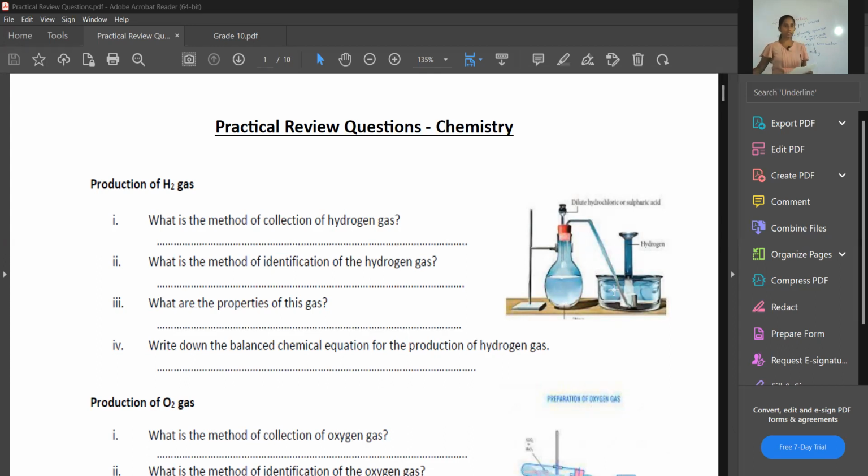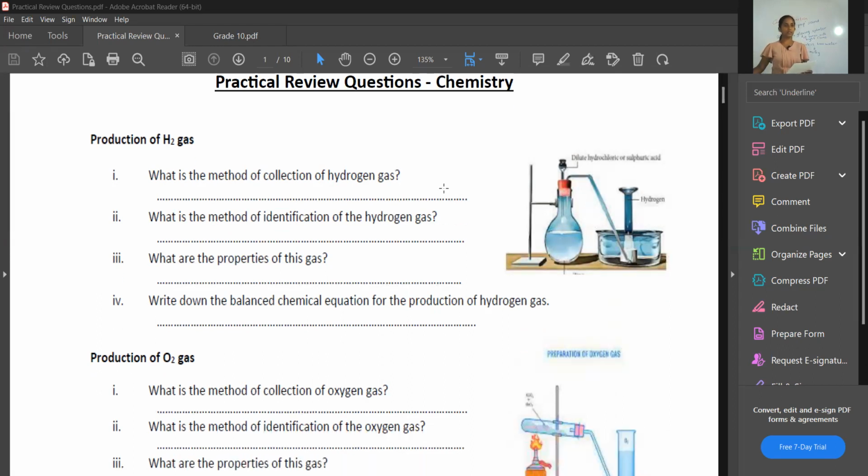What is the method of identification of hydrogen gas? We can use a burning flame, and the flame goes off with a pop sound. Then we can confirm that it is hydrogen gas.